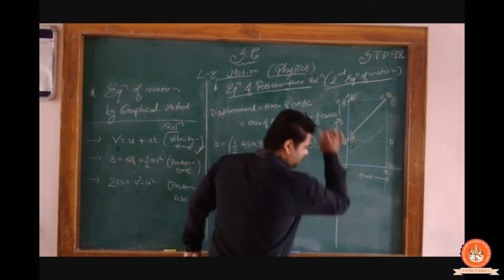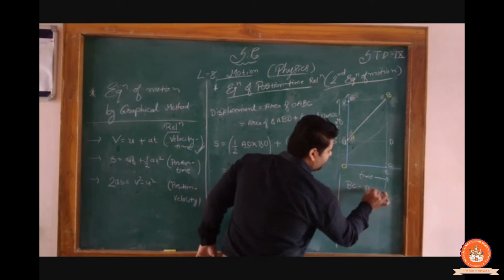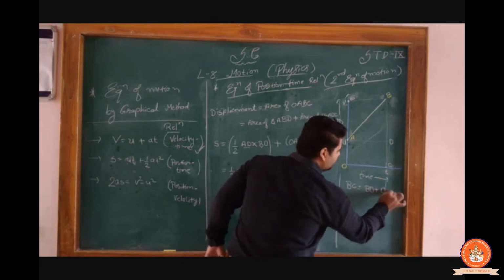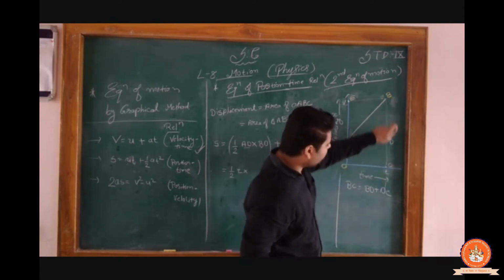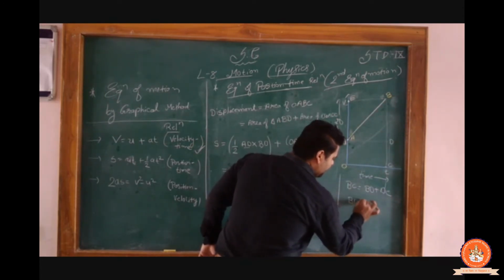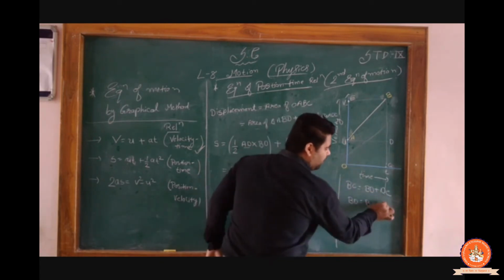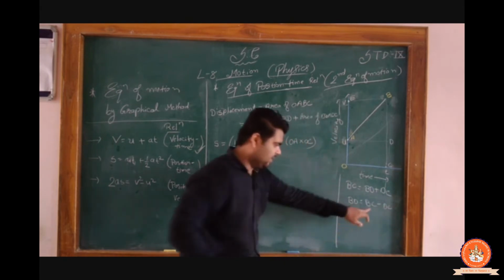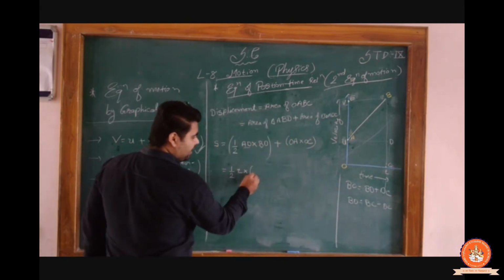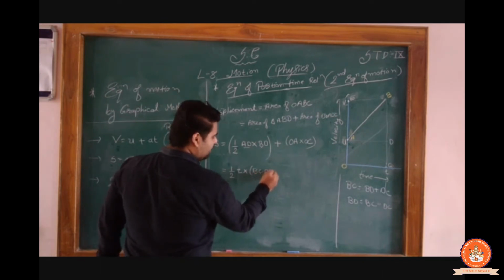Previously we had discussed that total BC equals BD plus DC. So we want to find BD. BD equals BC, and DC, which is plus on this side, will come minus. So we are writing it here: BC minus DC.